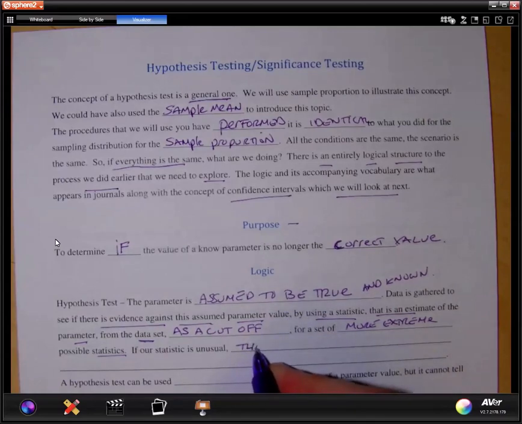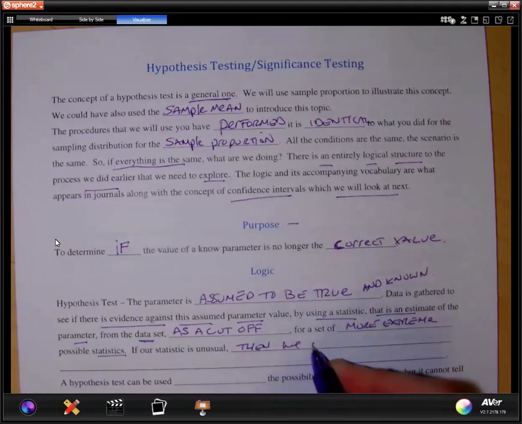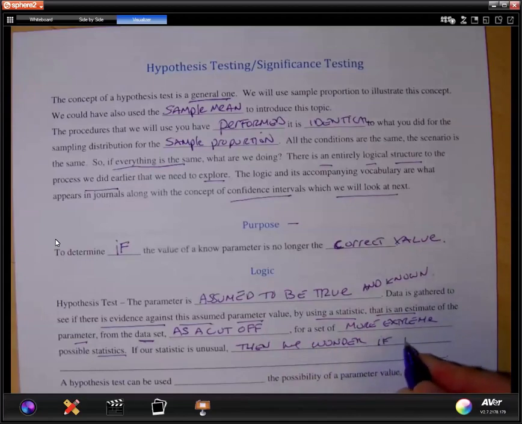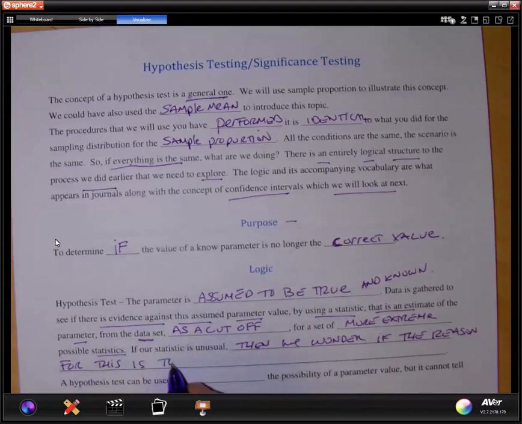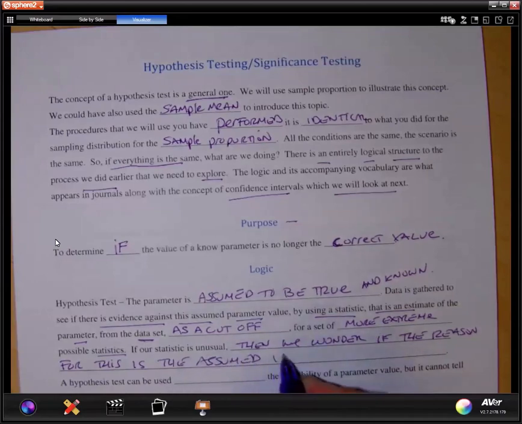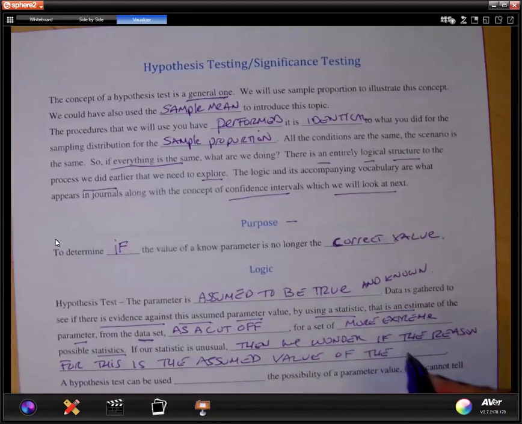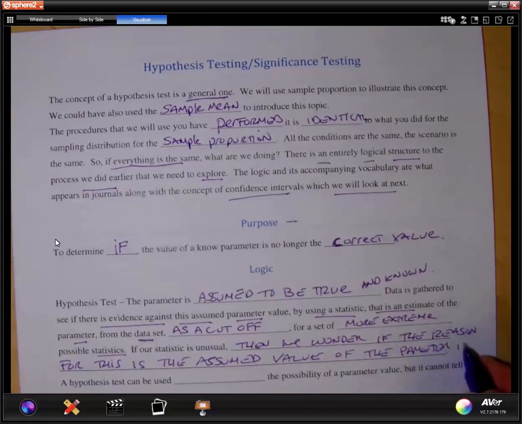If our statistic is unusual, then we wonder if the reason for this is the assumed value of our parameter is not correct.